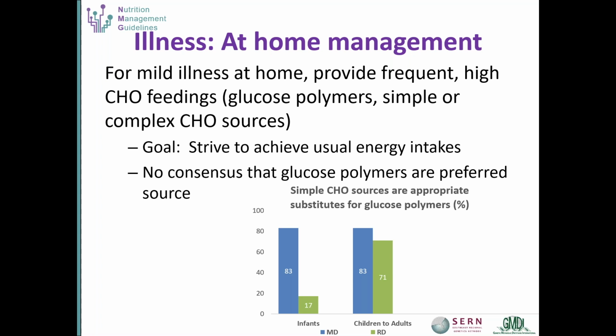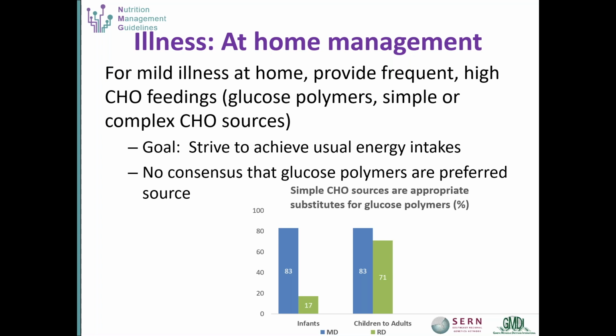For infants, the MDs definitely felt that it didn't matter if you used glucose polymers, that juice or other carbohydrates were fine. The RDs definitely did not agree with that.